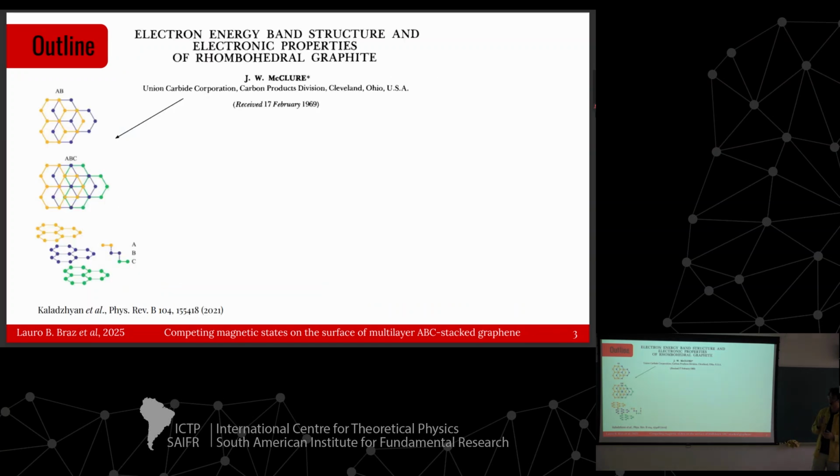Let's start with the story of this material called ABC stacked graphite, or also rhombohedral graphite. In the beginning of the 60s, there were a few proposals that another possibility of organizing graphite could be this kind of ABC stacking.